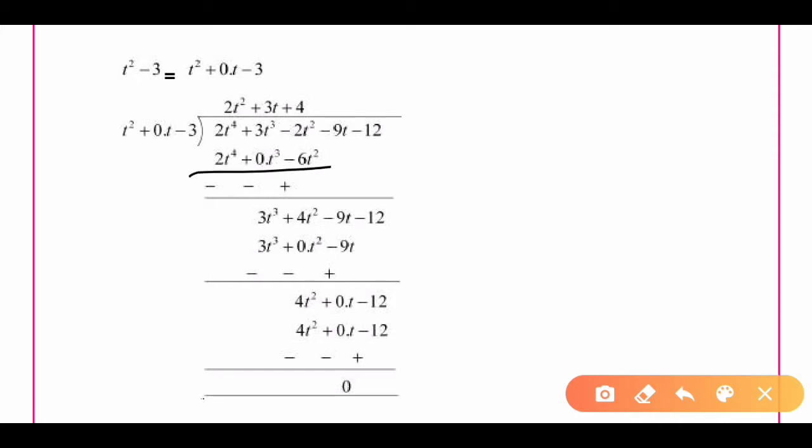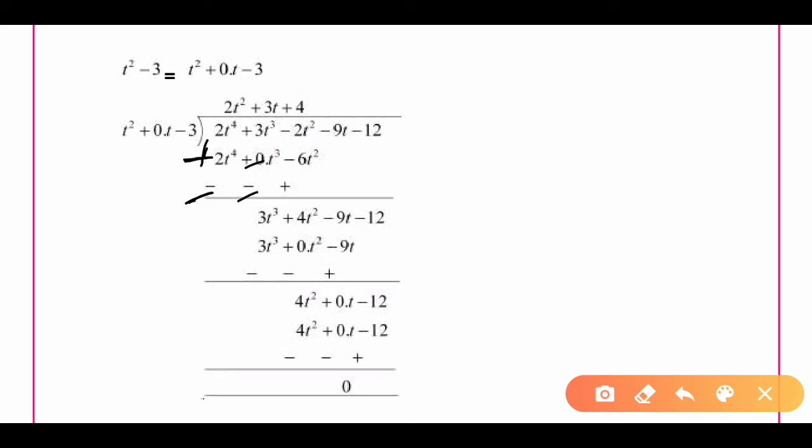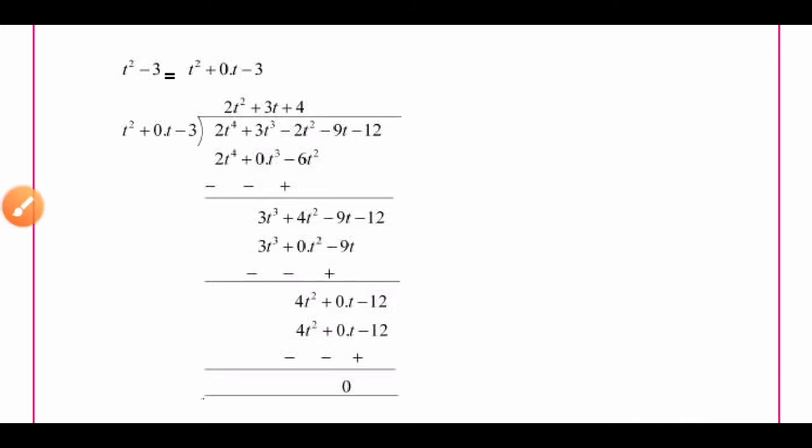Now we'll change the signs over here. You can see this one is positive sign, so we will replace it with negative. This one is positive, we will replace it with negative, and this one is negative sign and we will replace it by positive. After replacing the signs, we will perform the simple addition.